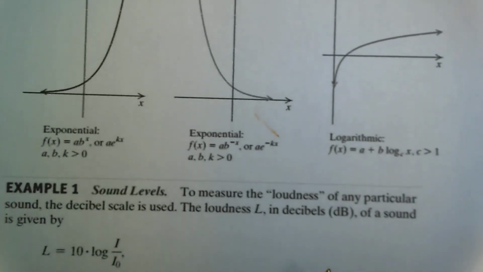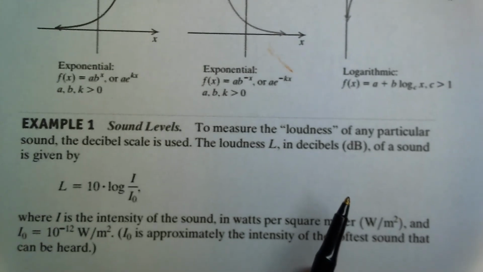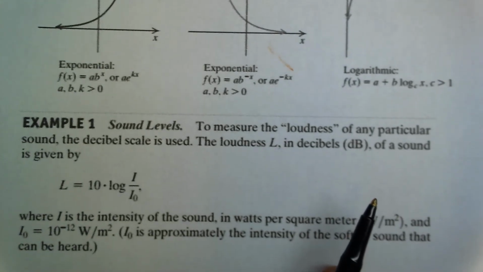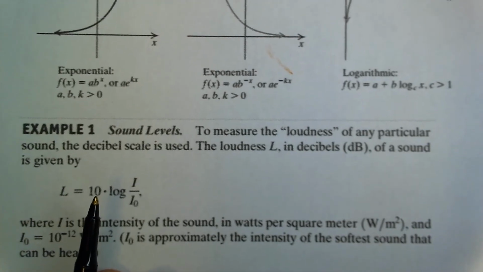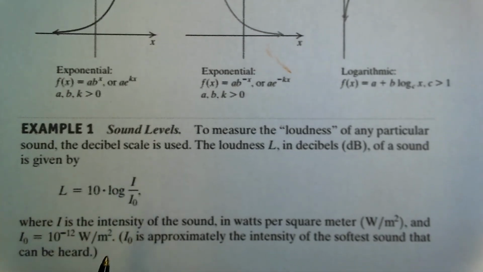The first example we're going to use it on is the one on sound levels. To measure the loudness of any particular sound, the decibel scale is used. You may have heard this before.